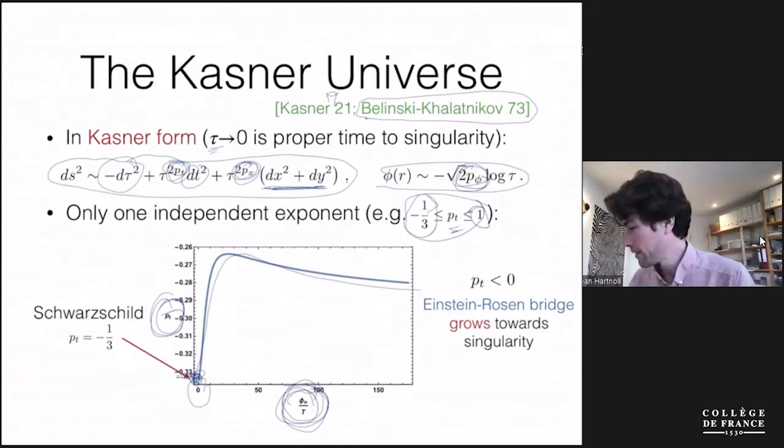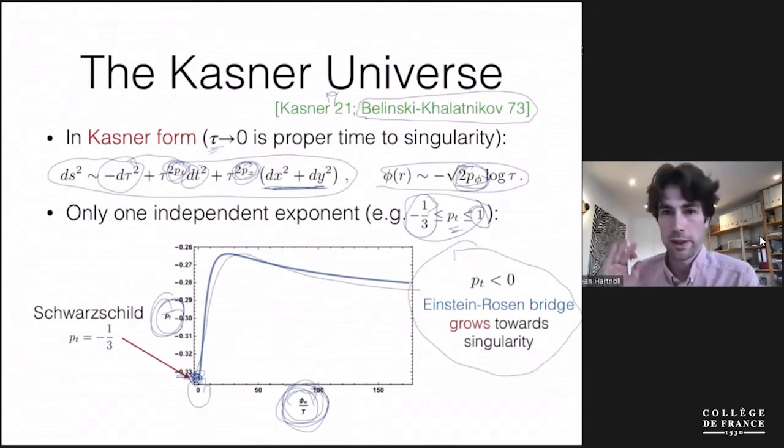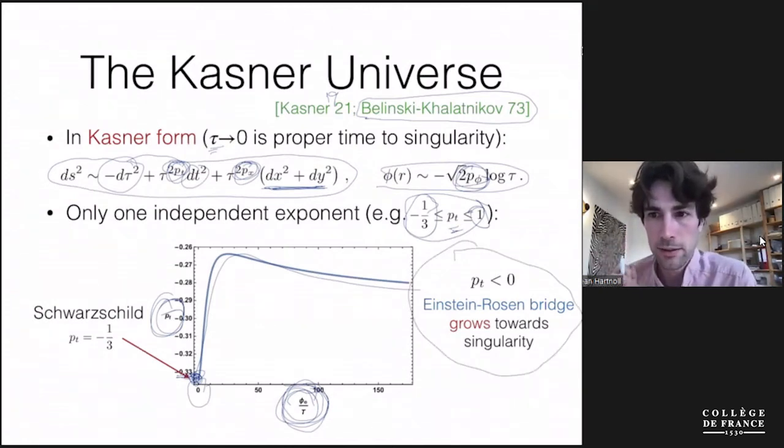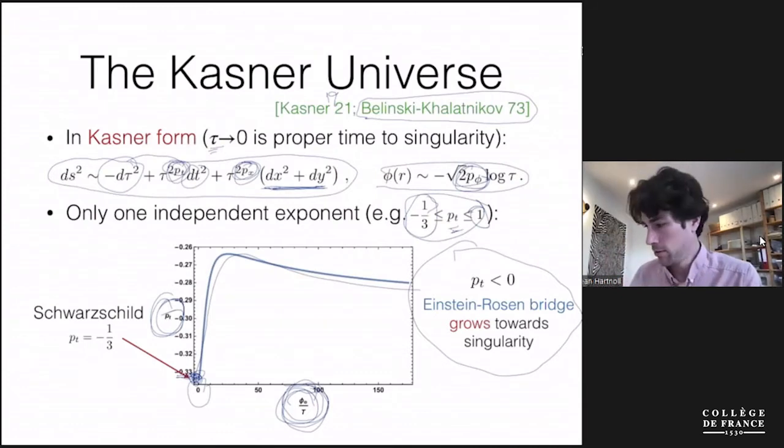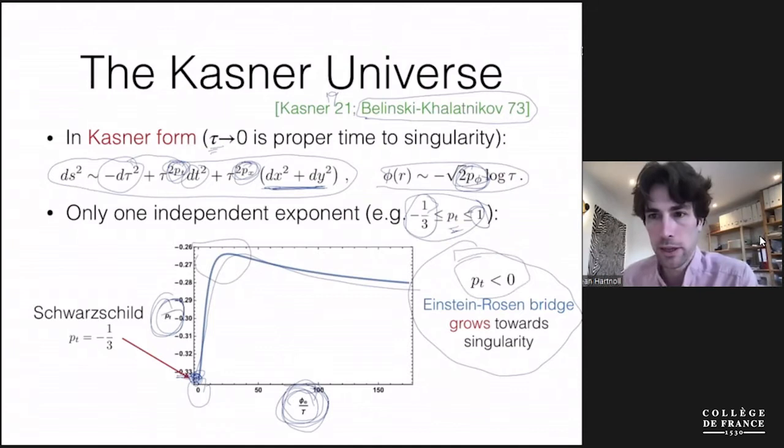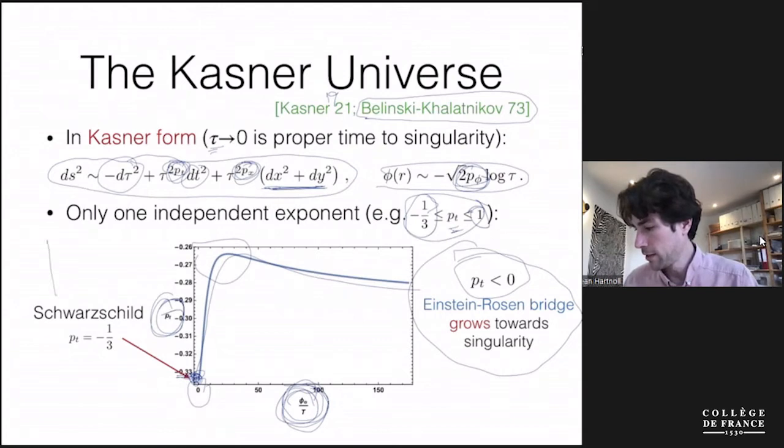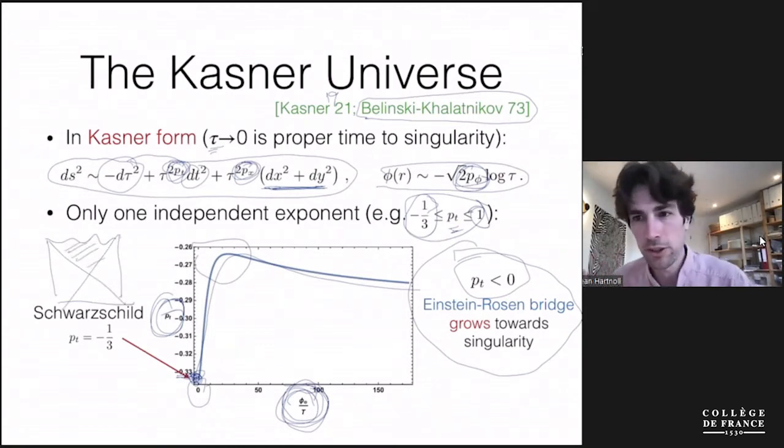So within this setting, you can actually prove that PT has to be negative. Let me take the Penrose diagram again. Let me call this region the Einstein-Rosen bridge. The word is used differently by different people.